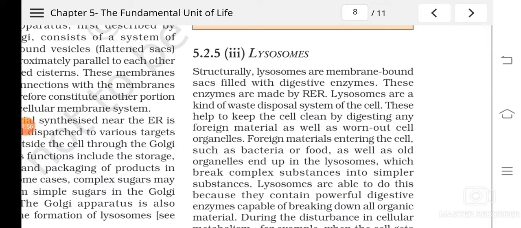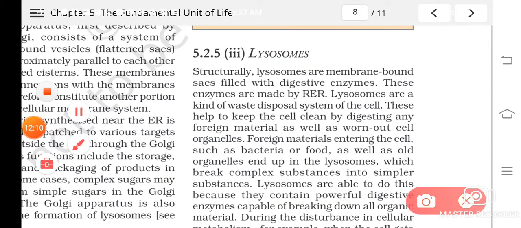The next cell organelle that we have to study is the lysosomes. These are also membrane bound sacs filled with digestive enzymes. So they are membranous structures in which there are enzymes, and these enzymes are formed by RER.